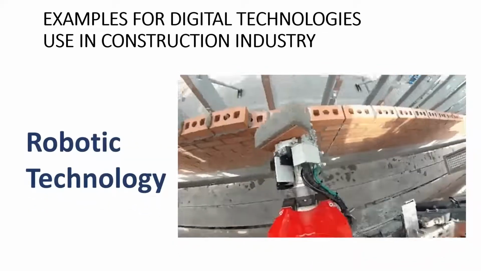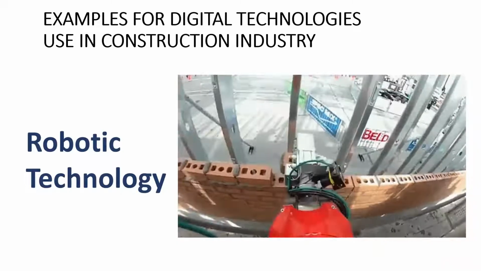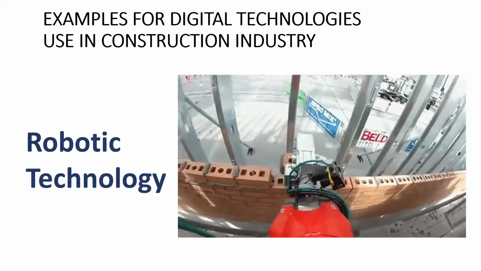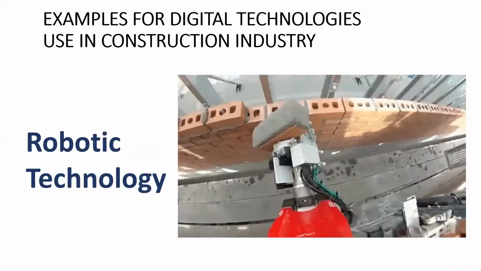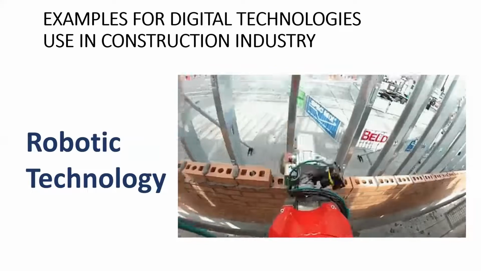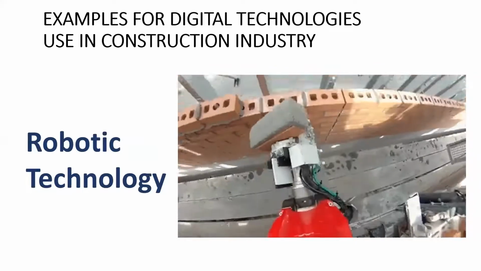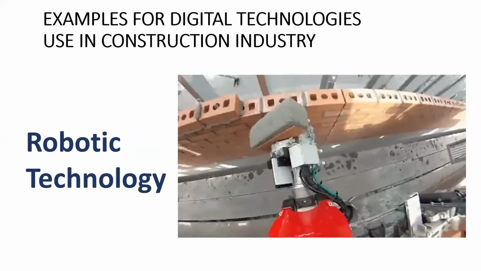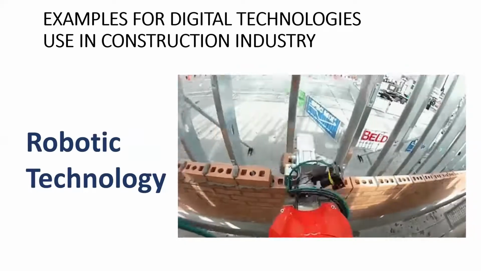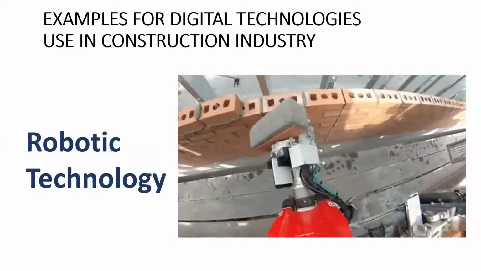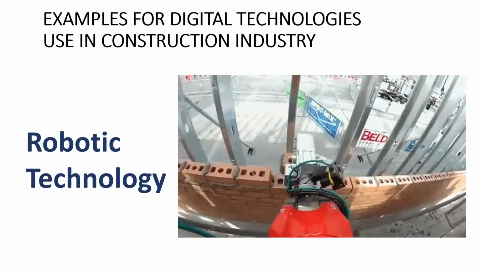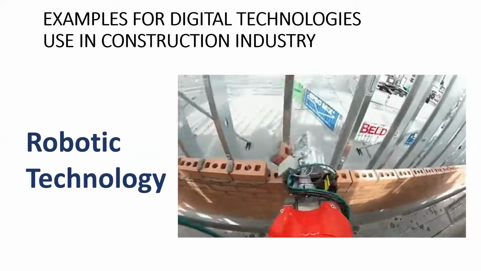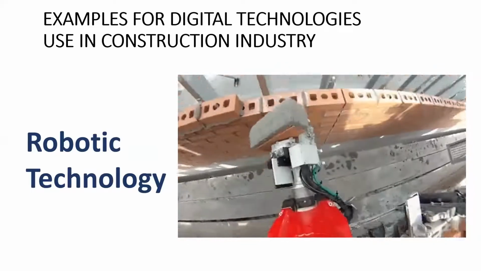Then robotic technology. I will share an interesting experience with you all. 3-4 months back, we had a discussion with our principal partner, Mr. Frank Chu, and he explained an interesting thing. He told us the average age of labor in China is 65 years old.